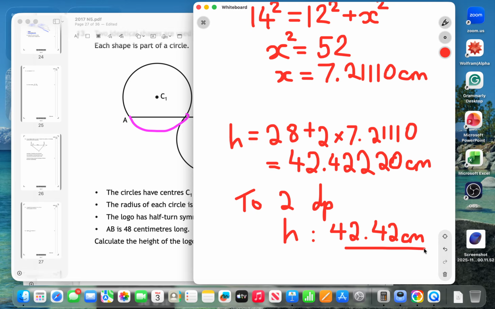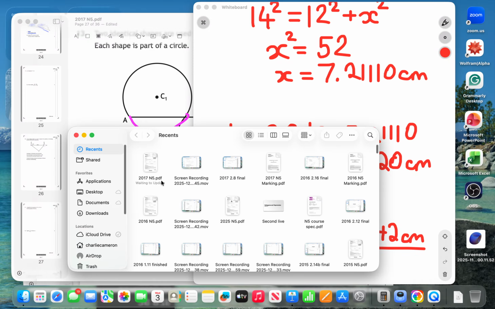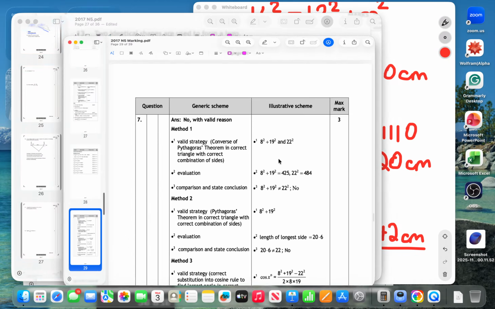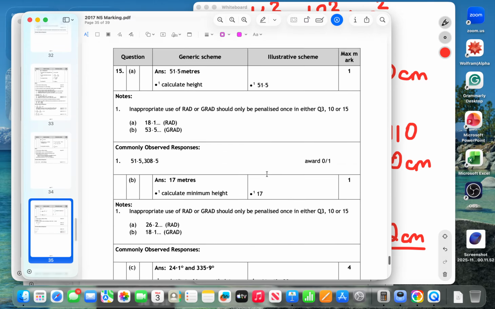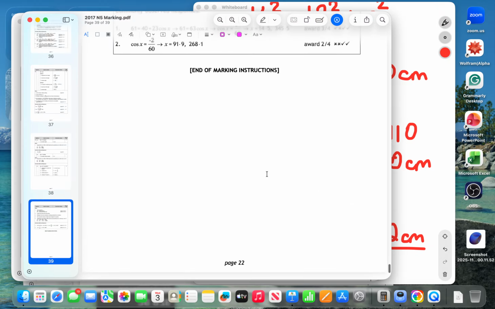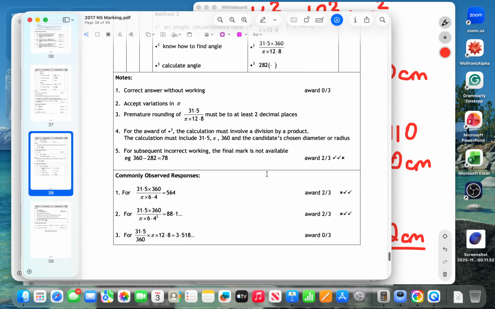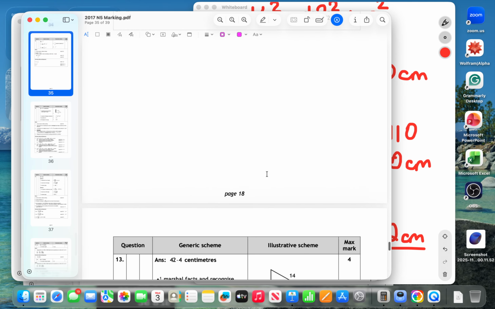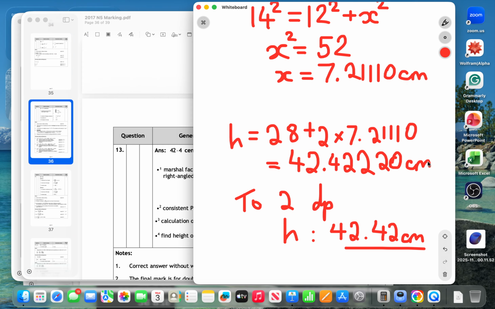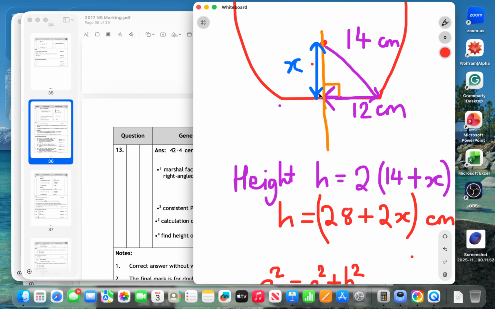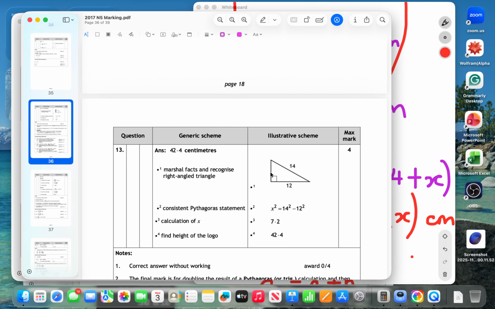So let's have a look at how the SQA would award marks in this. Your first mark would be for this. A few things to note.